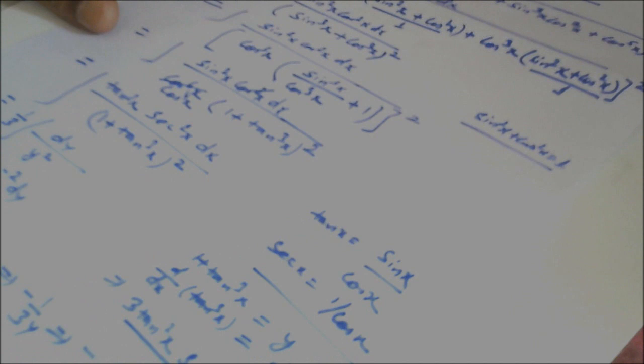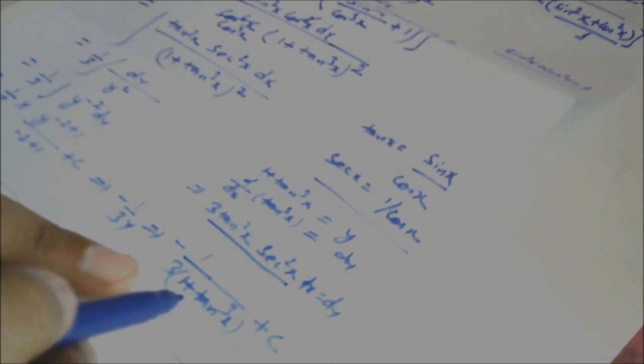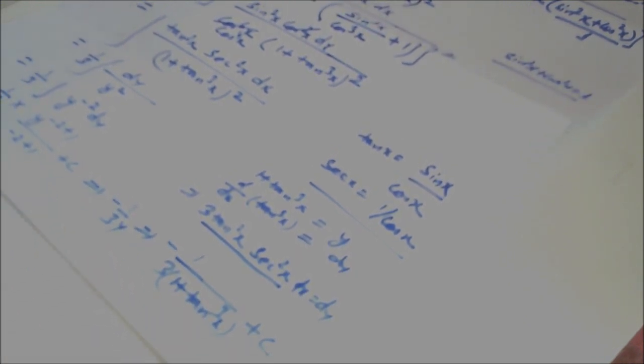We can further write minus 1 by 3, and we substitute 1 plus tan cube x, plus c. So this integration has become minus 1 by 3 times (1 plus tan cube x), plus c.